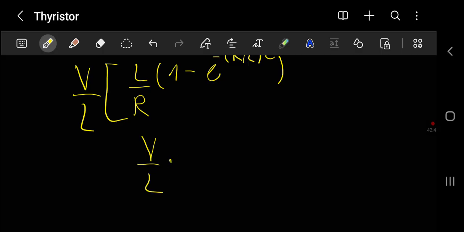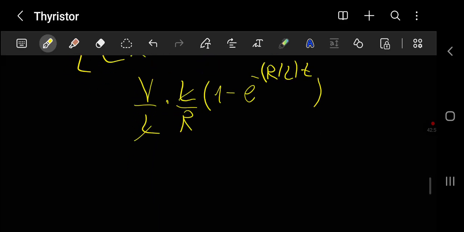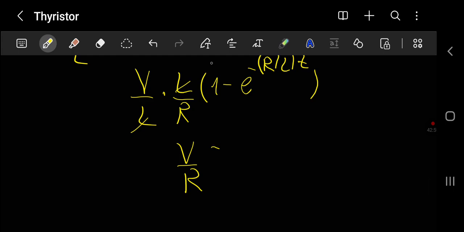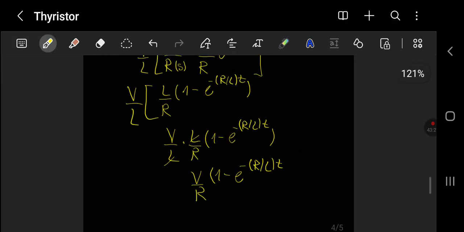And now V over L, letting this constant outside, and that is the equation that we find on page 41 of the book that I commented on in the intro of the video, Industrial Electronics from Cyril Lander.